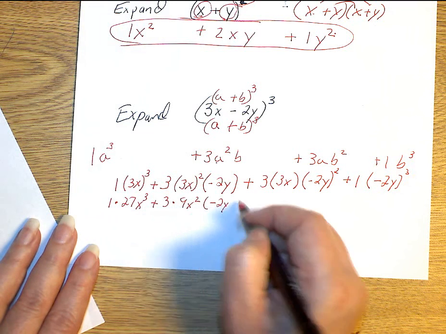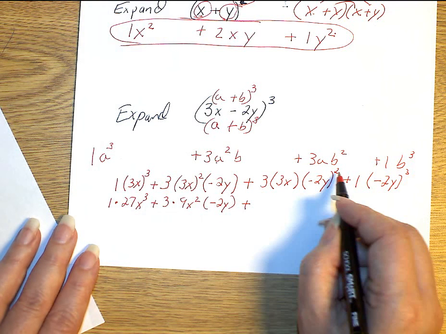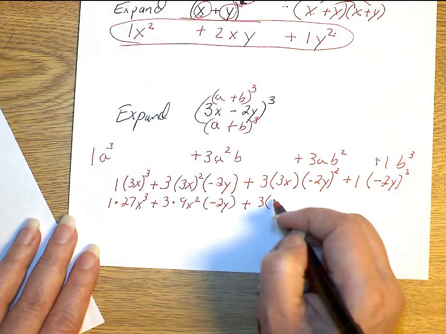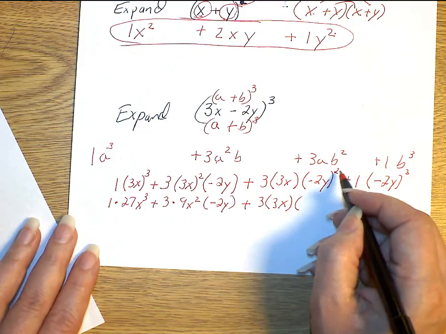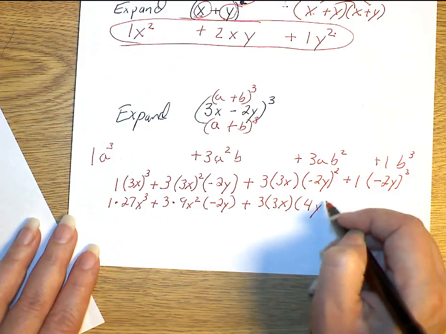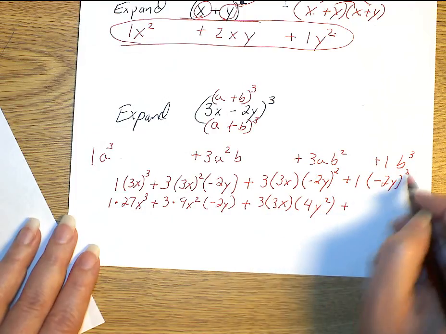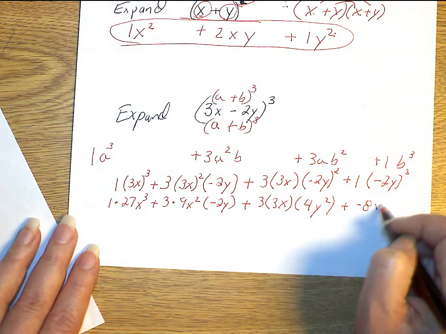I'll get that on my second time through. Right now I'm just going through and doing my squares and cubes. 3 times 3x times negative 2 squared is 4y squared, plus negative 2 cubed is negative 8, so I have negative 8y cubed.